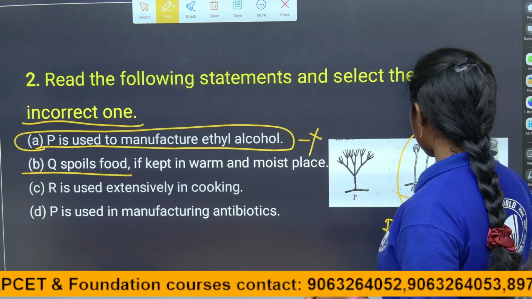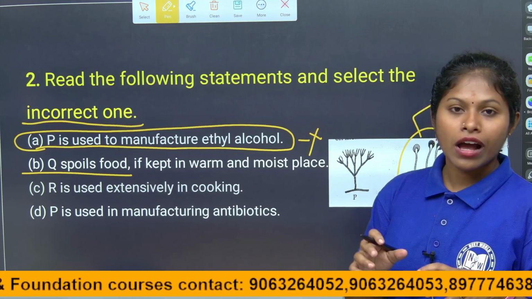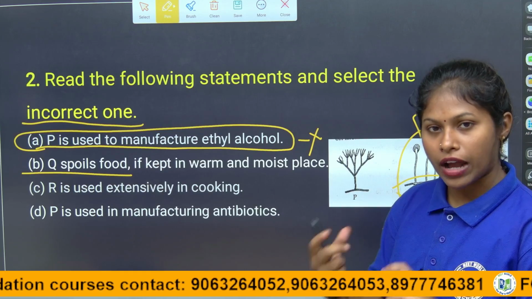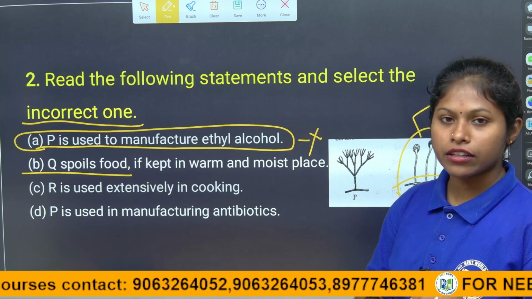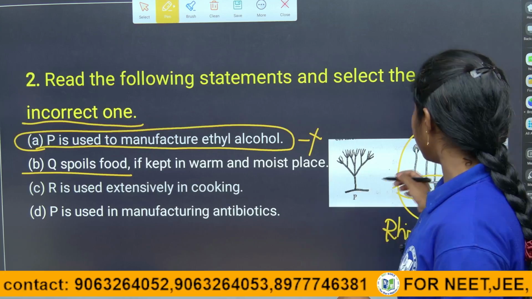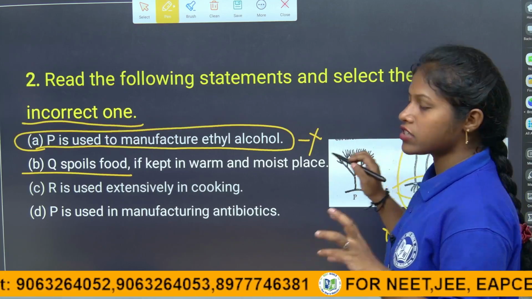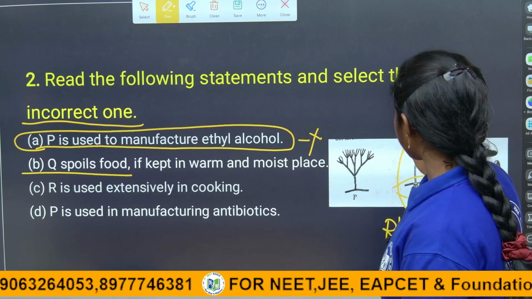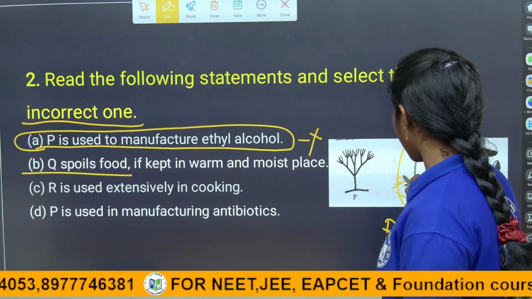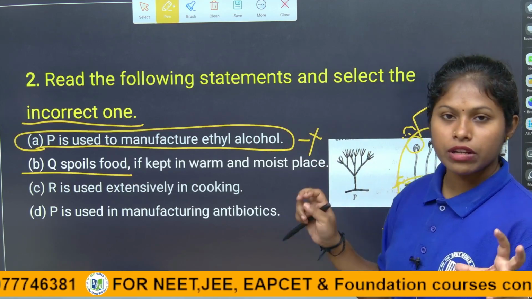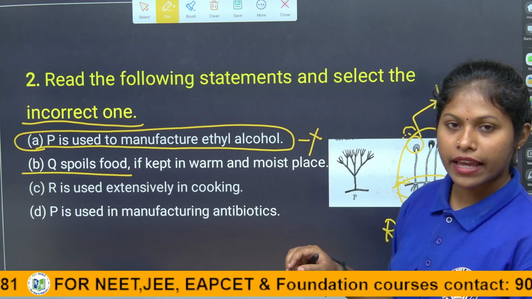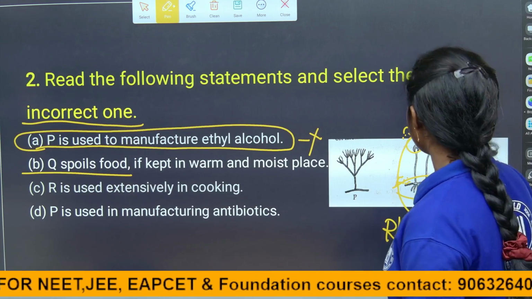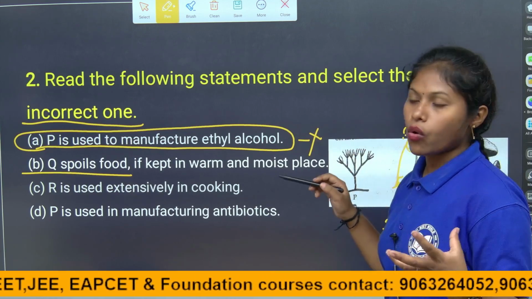It reproduces through the hyphae, or else through the sporangia, the bob-like structure, children. Under favorable conditions the bob will burst and the spores will be released, and under ideal conditions they will again give rise to new rhizopus. This is how they spread their own kind of species.